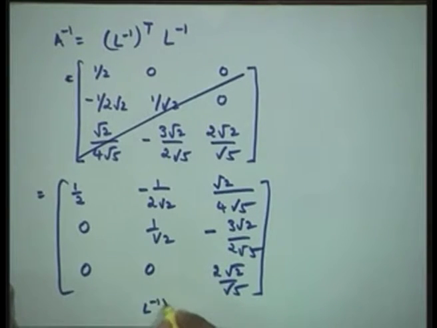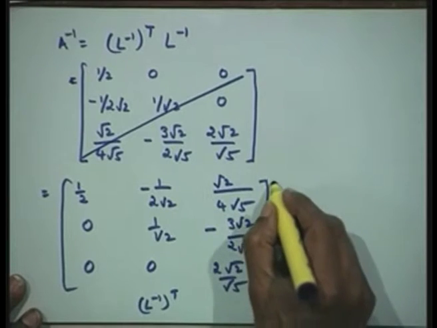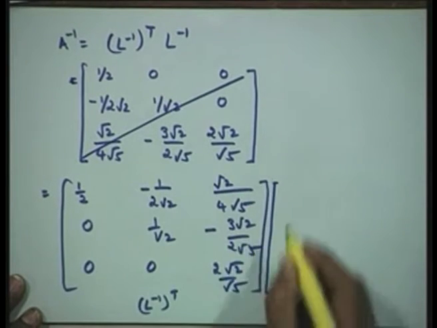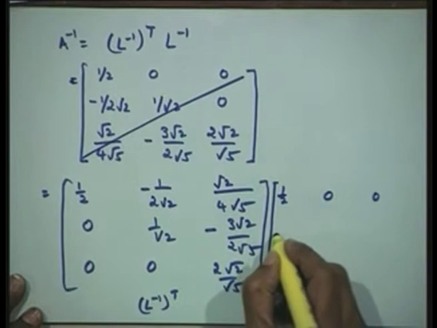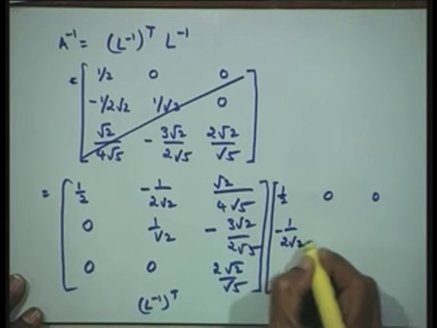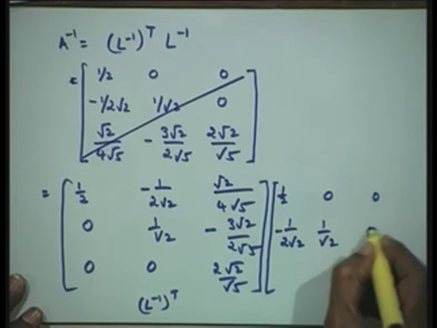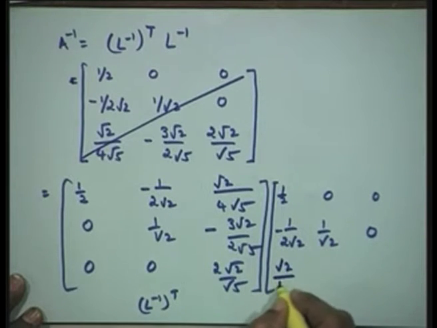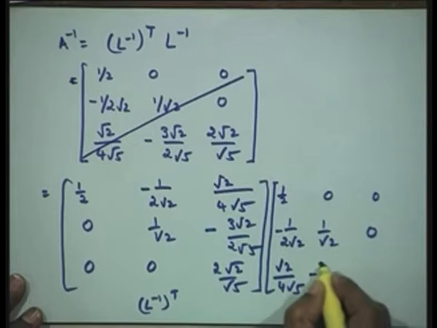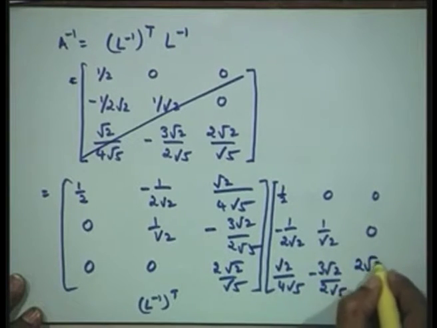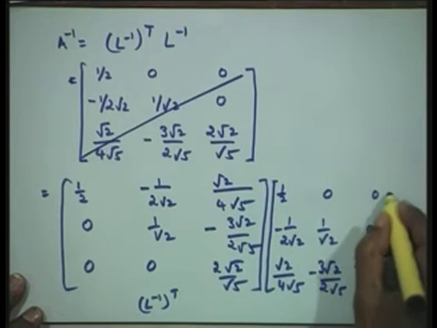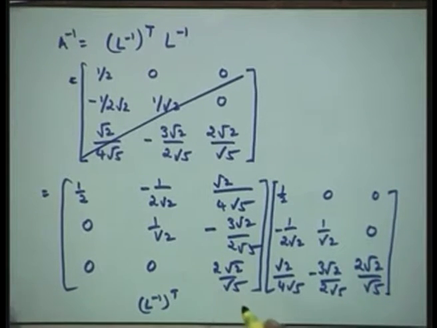This is our L inverse transpose, and then this matrix I will write here: half, 0, 0; minus 1 upon 2 root 2, 1 upon root 2, 0; root 2 upon 4 root 5, 3 root 2 by 2 root 5, 2 root 2 by root 5. So, this is the matrix I will write over here.